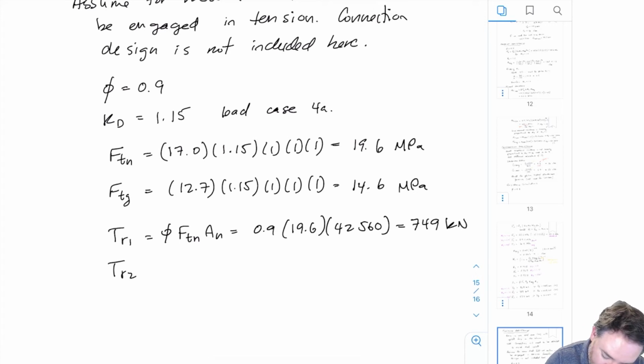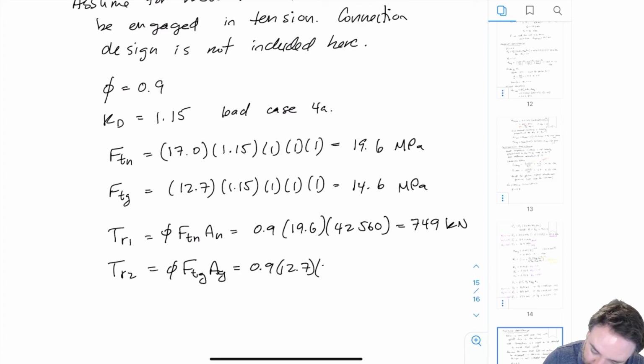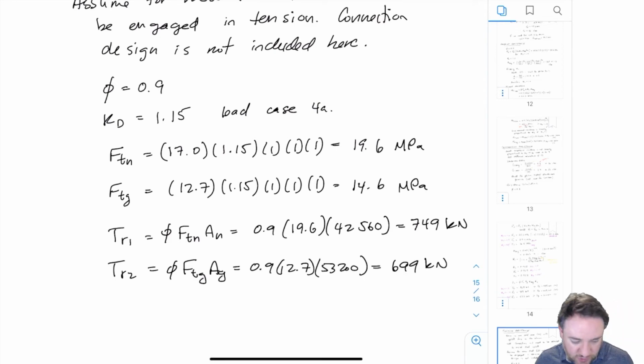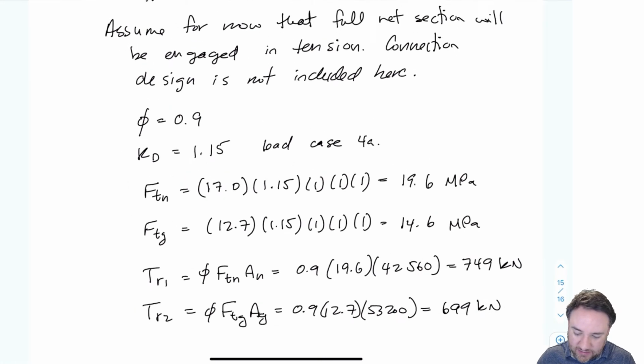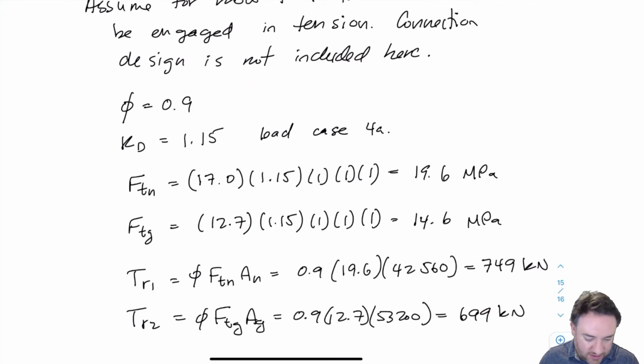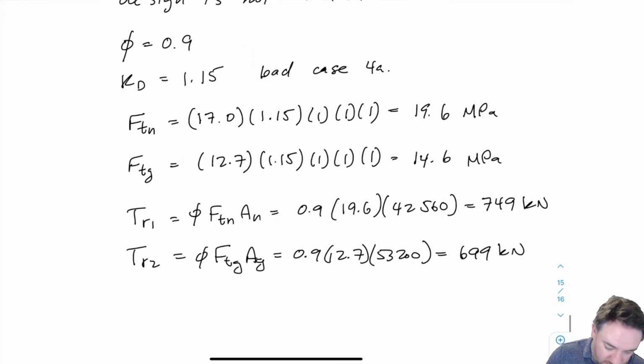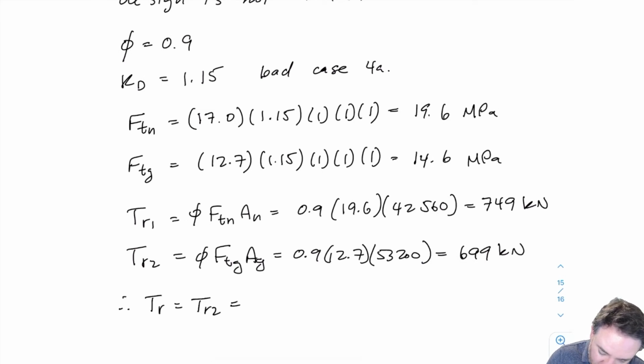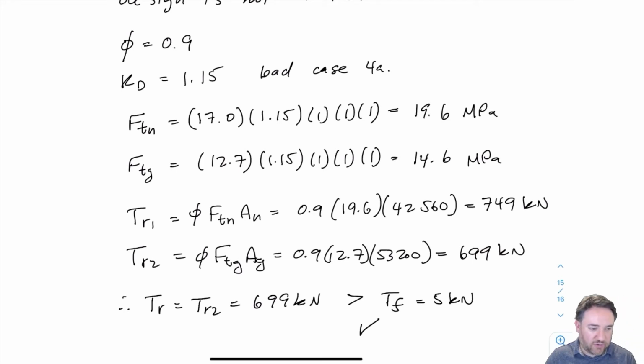And then our TR2. And you see that, like usual, it's our gross area strength that actually governs, the 699. Therefore our TR equals our TR2, which is the lowest of the two, which is 699 kilonewtons, which is greater than our TF, which was only 5 kilonewtons. So we are more than fine, no problem. Of course, our connection strength, we're going to have to check against this.